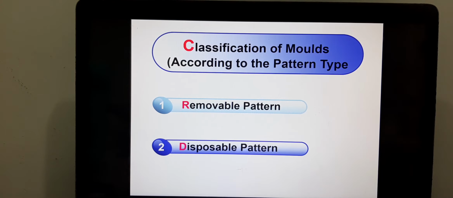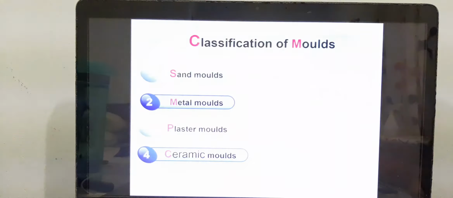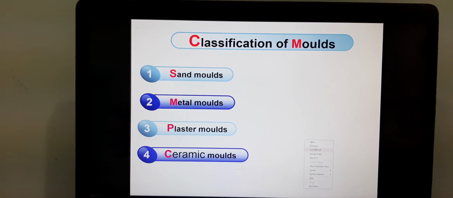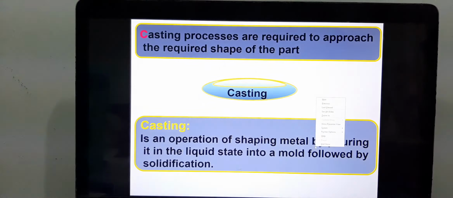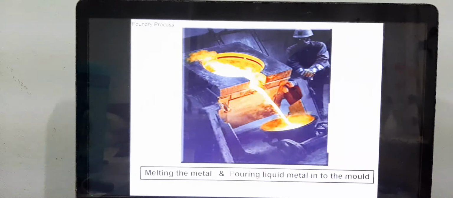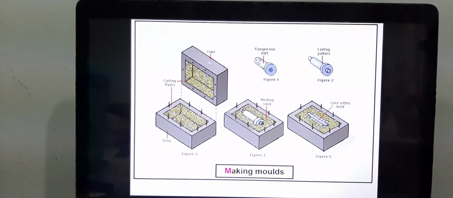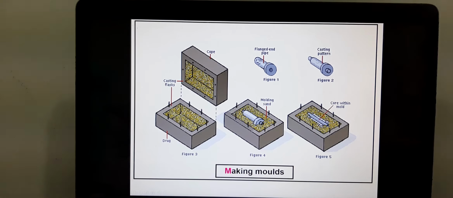Okay, so the category of sand casting comes with two types of pattern. You can either use a removable pattern, just like the one I showed you just now. So this is a removable pattern. You have your pattern made out of wood. Half of the pattern goes into the cope, half goes into the drag.